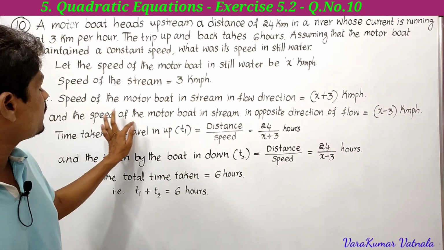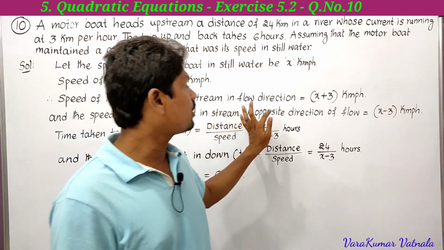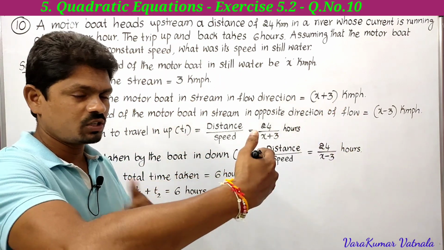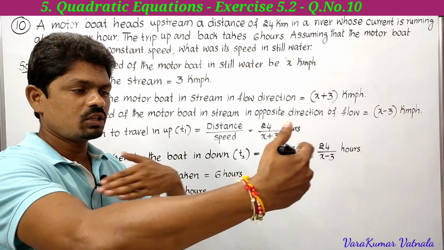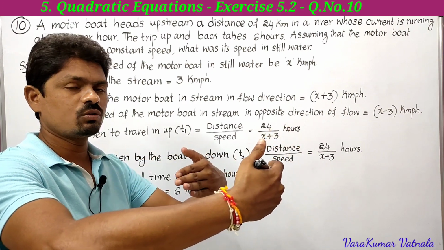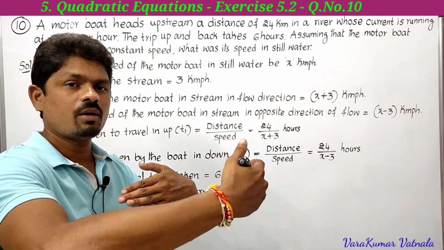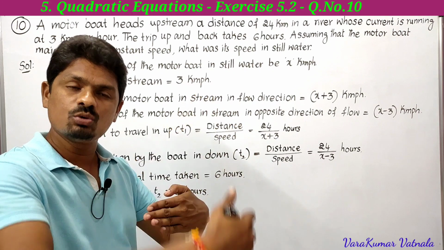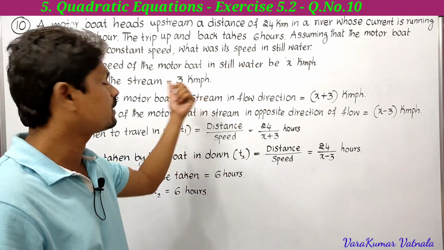And the speed of the motor boat in the opposite direction of flow: one boat is moving forward and the flow is coming backward. So then the speed of the boat reduces by the speed of the stream.